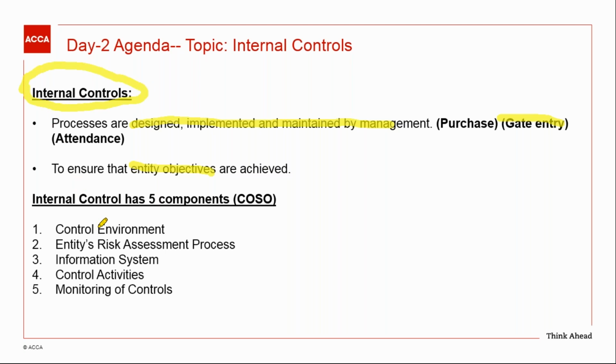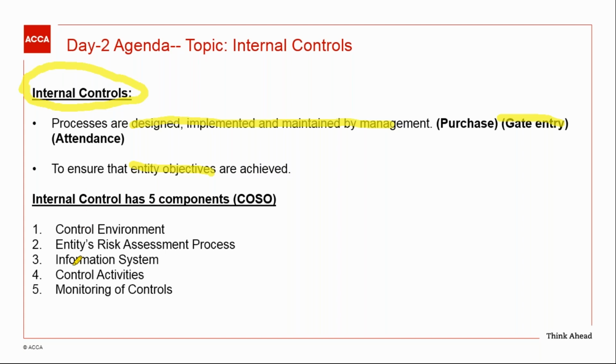If these five components are managed carefully, then this organization has strong internal controls. If these five components are not managed carefully, the internal controls of that organization are not so good.